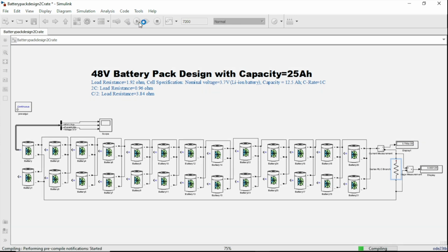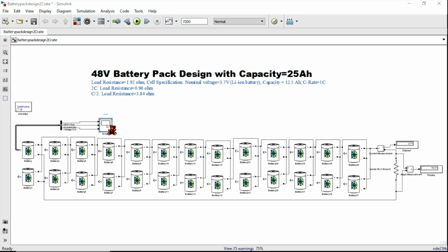Just click on the run button and wait for it. So here you can see the corresponding current measurement and also the voltage measurement across the load resistance.